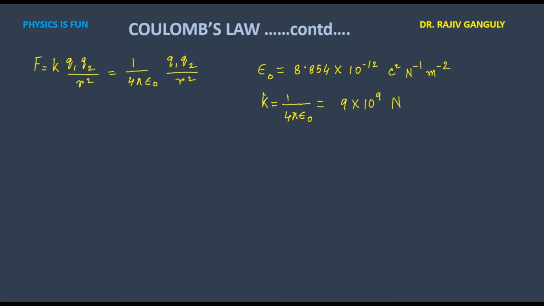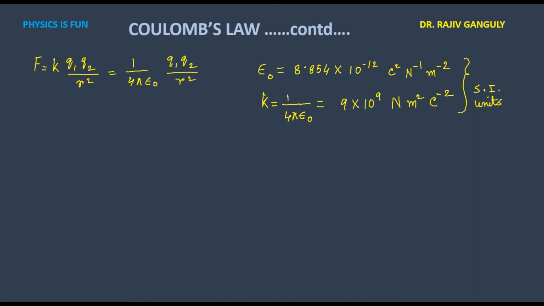Newton meter square per Coulomb square. Whatever we are working on, we are considering, of course, the SI units. That must be very carefully kept in mind, that we are using the SI system of units.